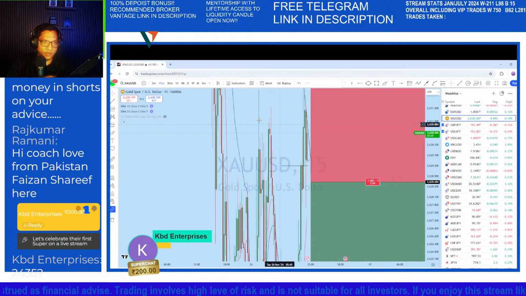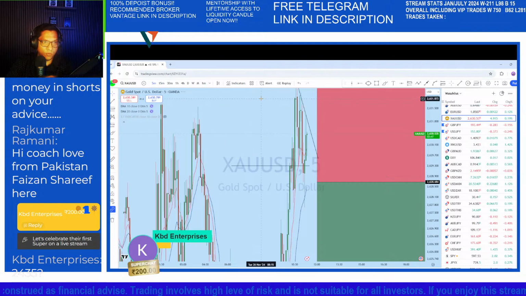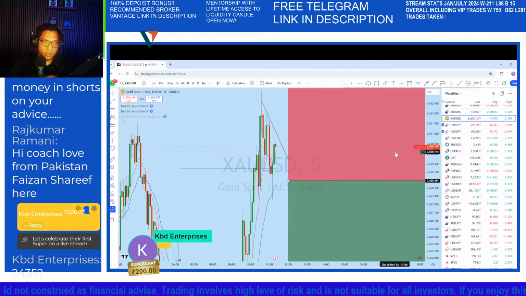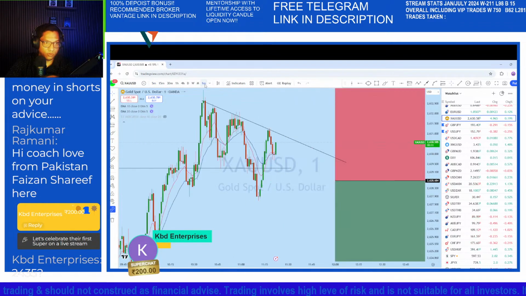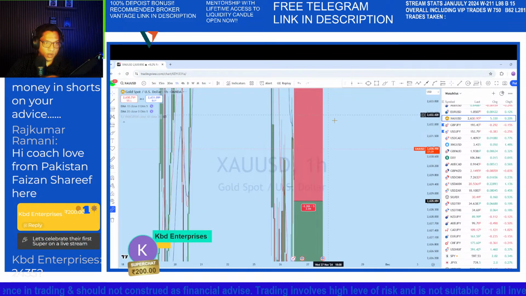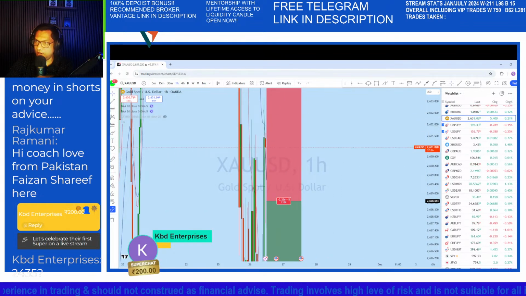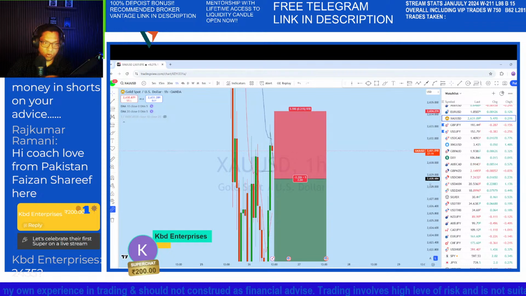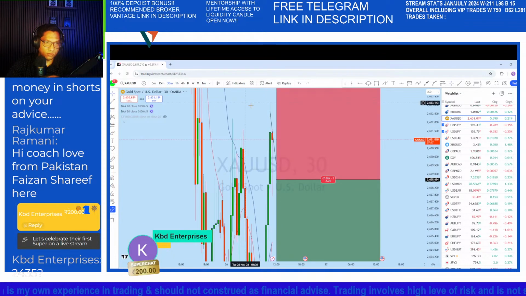No matter how many trades you lose or win, the most important part is to follow the risk management plan so that you can remain profitable over the long term. That's why, in all my trades, I keep risk very low, probably 1%, 2%, or 0.25%, depending on your account size.